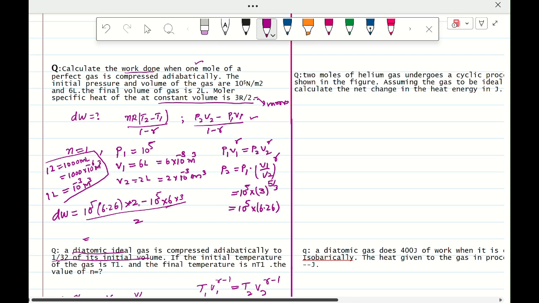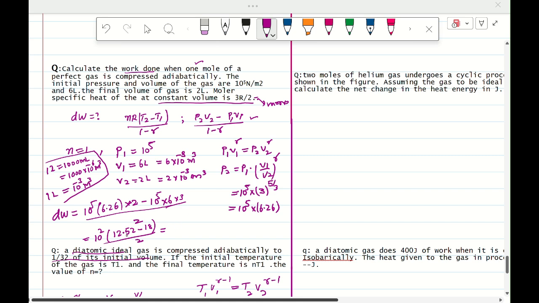With 2 liters and 6 liters giving 10 power minus 3, we get 10 square into. Now 6.26 multiplied by 2 is 12.52, minus 18, by 2.